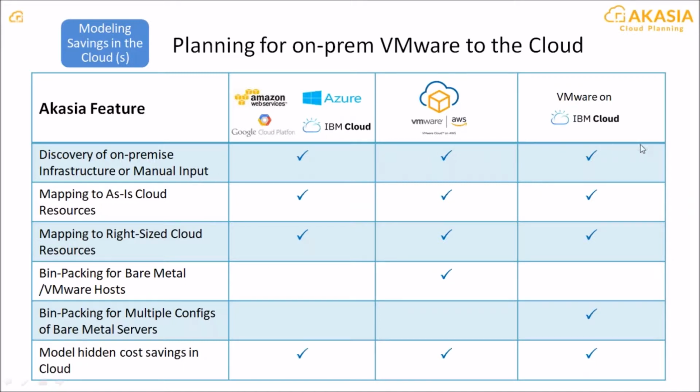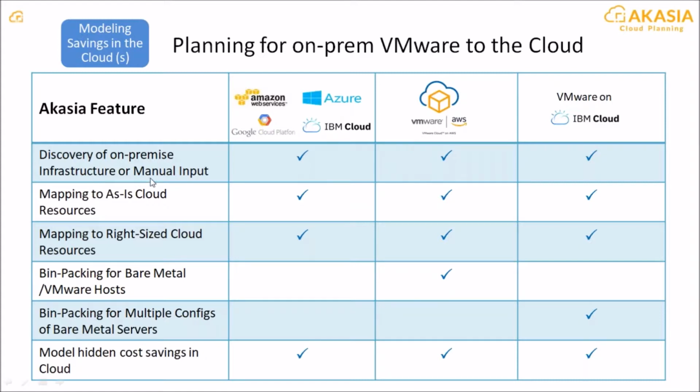These are our features and how we compare across all the different clouds. So we support the public cloud options, but we also support VMware on AWS and VMware on IBM Cloud. The difference between these options is that for VMware on AWS and VMware on IBM Cloud, we model for the bare metal infrastructure that supports the VMware environment.